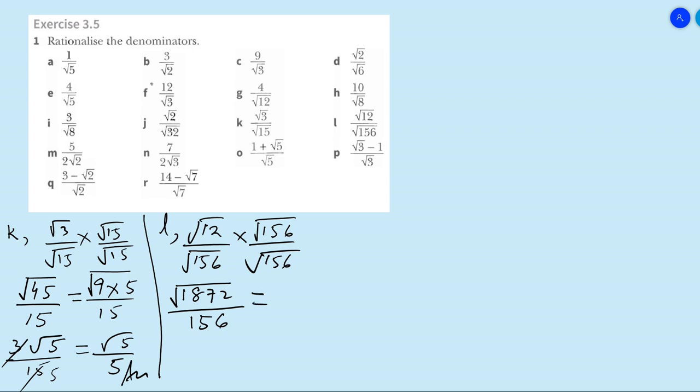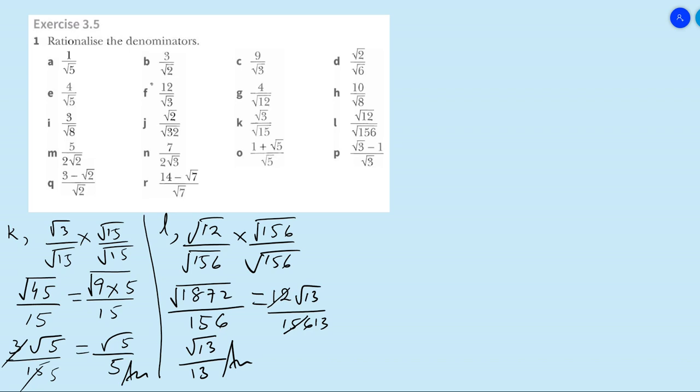Now with the help of calculator, find the square root of 1872. Answer is 12 root 13. Answer is 12 root 13 upon 156. And if you divide this 156 by 12, 12 ones are 12, 12 13s are 156. So the final answer is root 13 upon 13. This is the answer of part L.